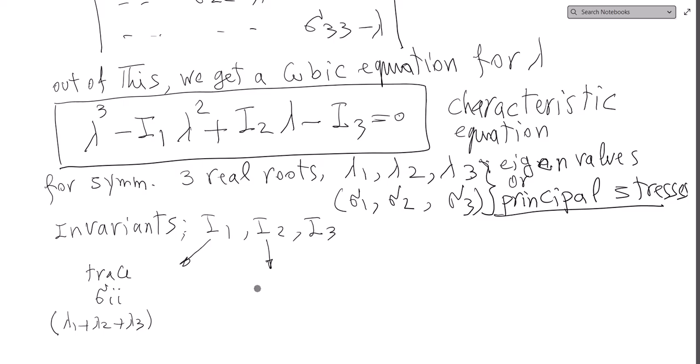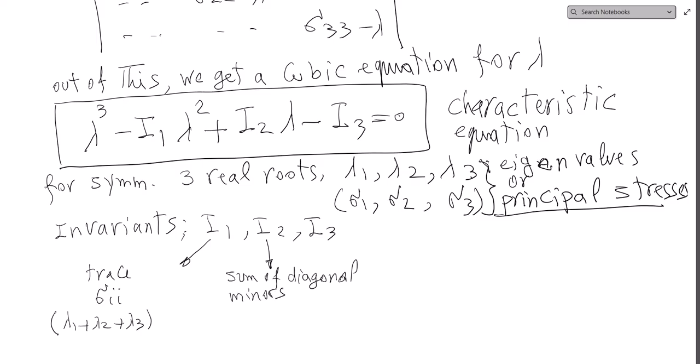So we should write it in terms of the sigma, and that is the sum of diagonal minors.